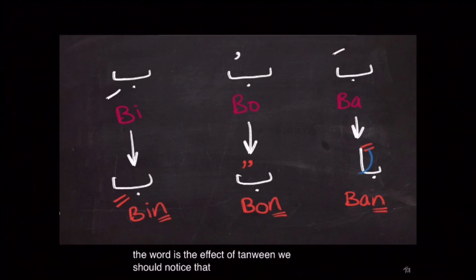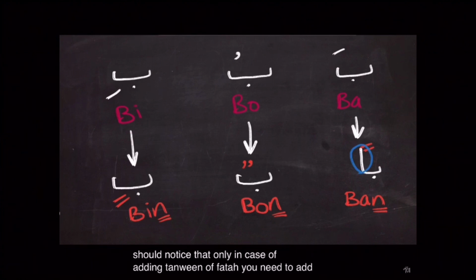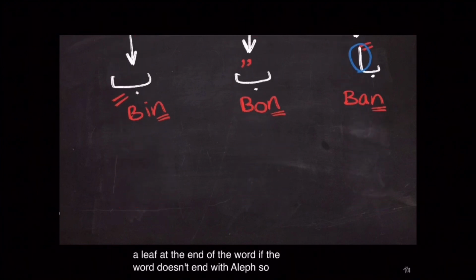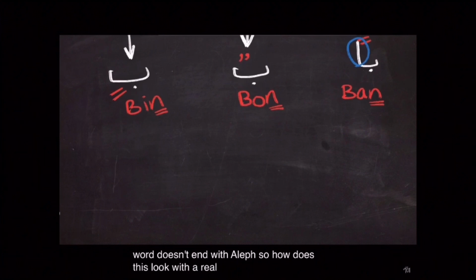We should notice that only in the case of tanween fatha, you need to add an alif at the end of the word if the word doesn't end with alif. So how does this look with a real word?